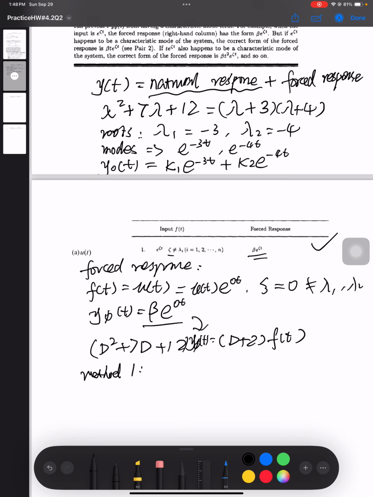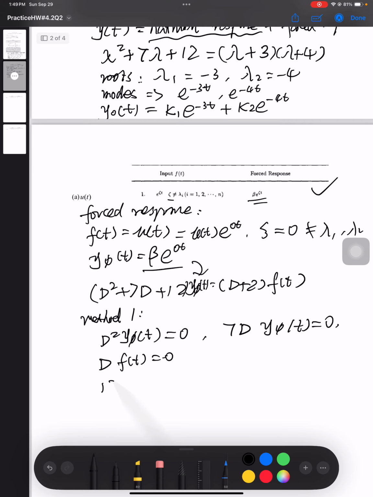It's d squared y_phi(t) equals 0, and 7 d y_phi(t) equals 0, and d f(t) is equal to 0, and we only get 12 beta equals 2, which gives beta equals 1/6.